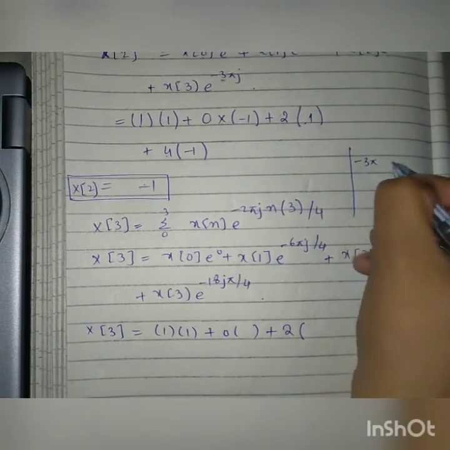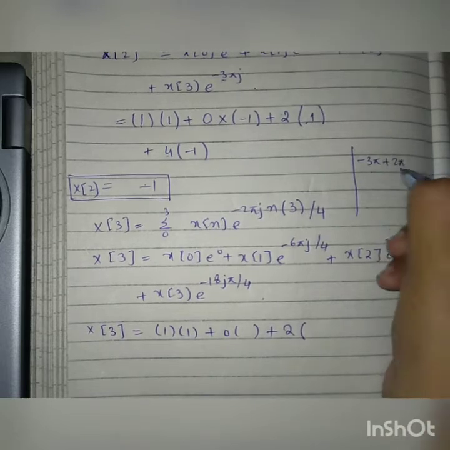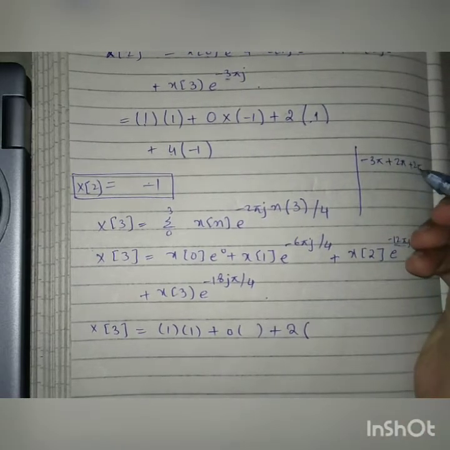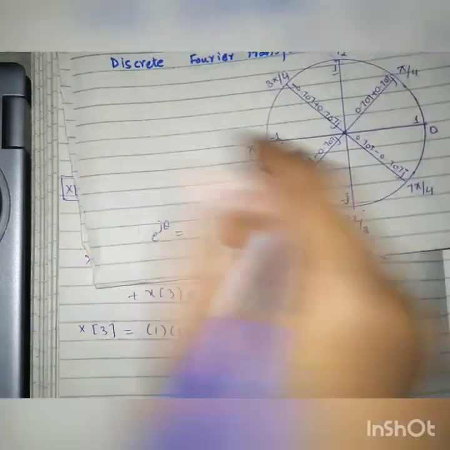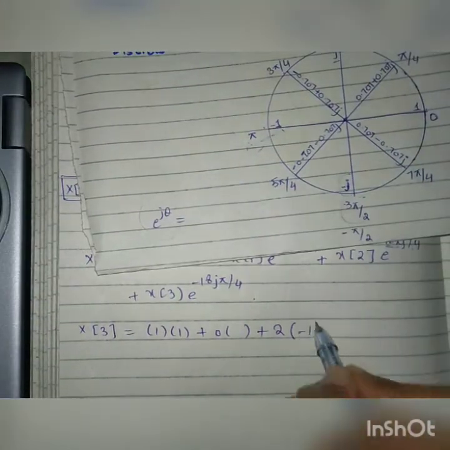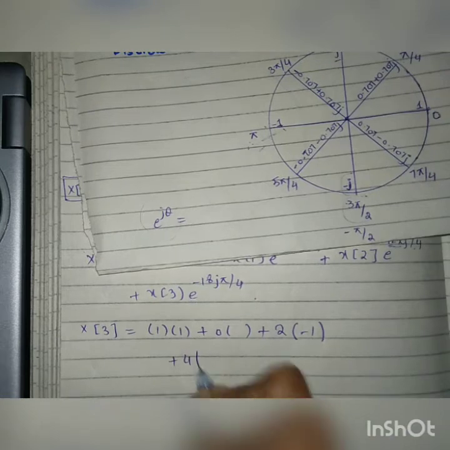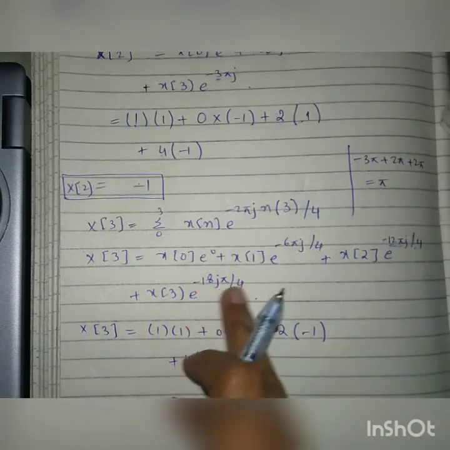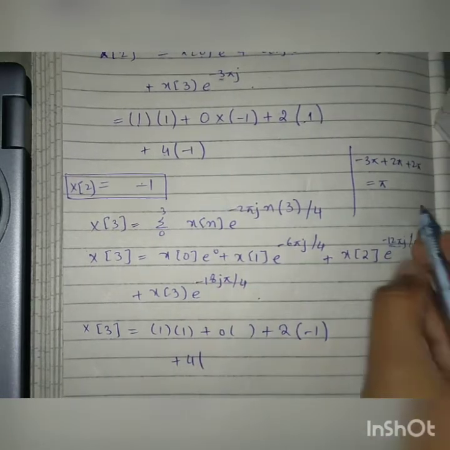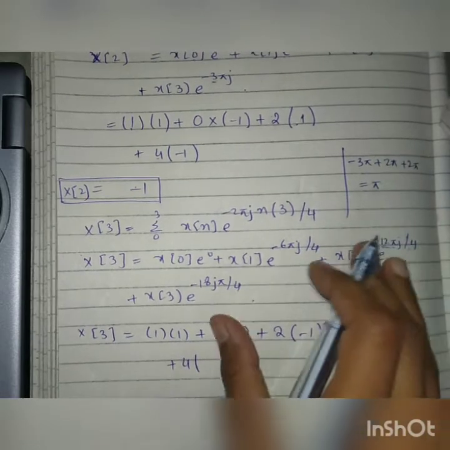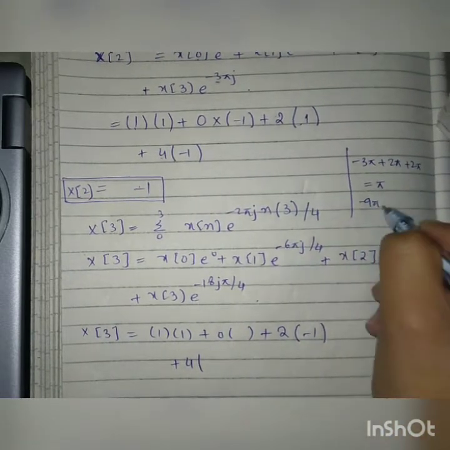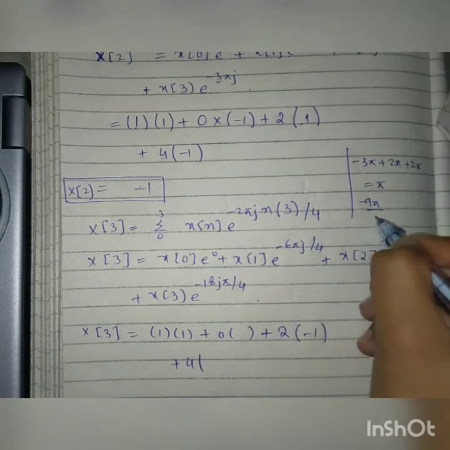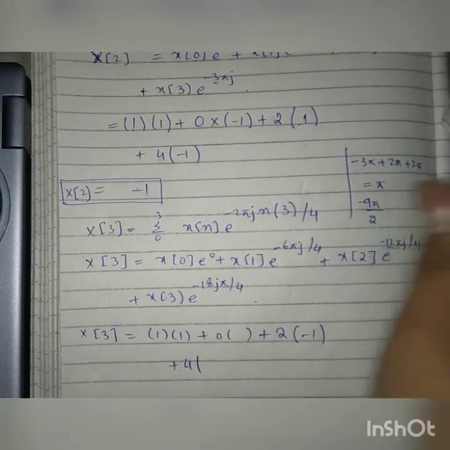Minus 3 pi plus 2 pi plus 2 pi is equal to pi, and e to the pi is minus 1, plus 4 into minus 18 pi j divided by 4, that would be minus 9 pi divided by 2.